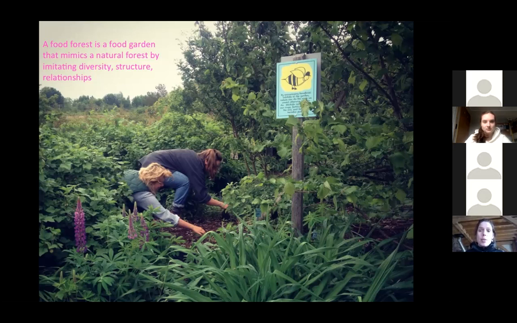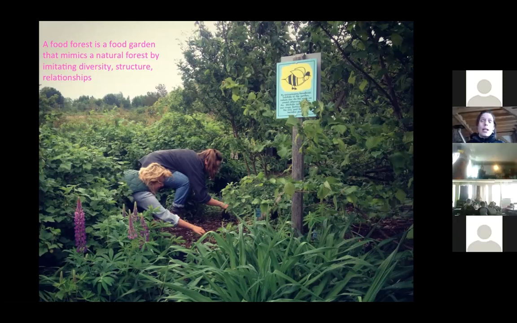The reason that we do that is because we see that a natural forest is really resilient, which means it's really able to thrive no matter what nature throws at it most of the time. And we want that in our food systems.